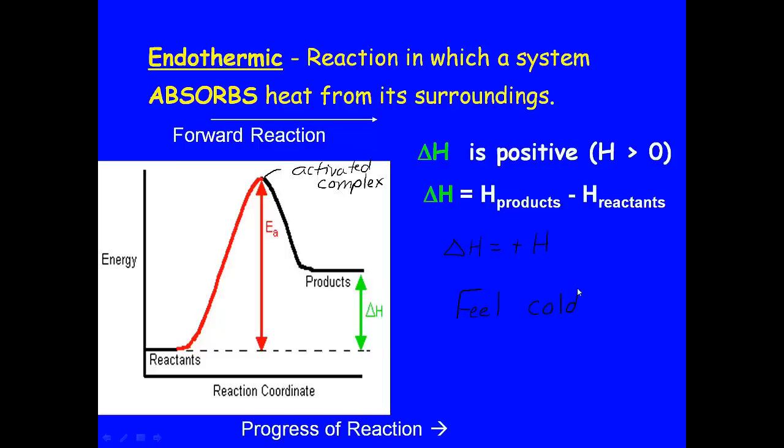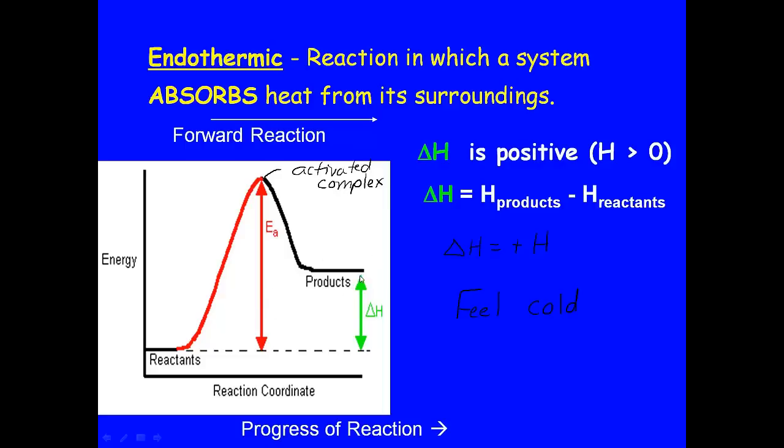And this is the one that sometimes seems a little weird, because it's like, well, it's absorbing energy. If it's absorbing energy, shouldn't it feel hot? No, the system is absorbing energy, but it's stealing it from its surroundings. So its surroundings feel colder because the system has taken the heat, leaving less heat in the surroundings.